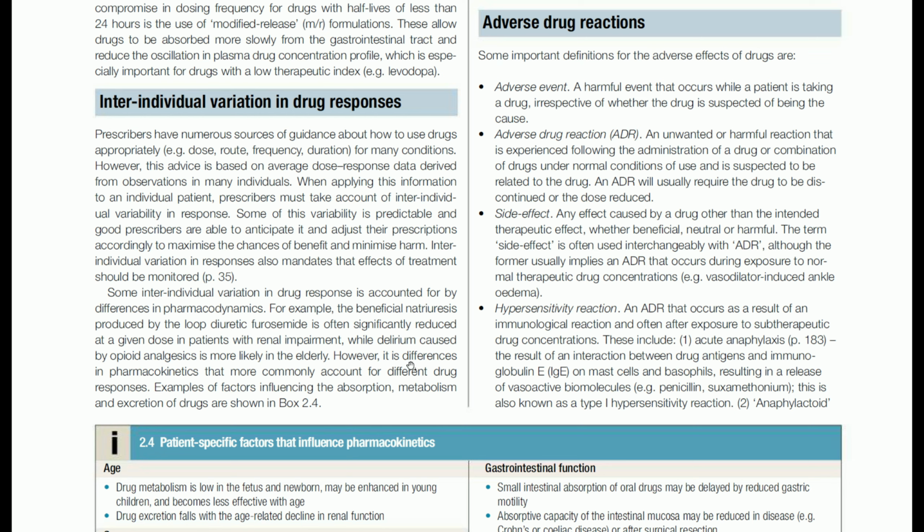However, it is differences in pharmacokinetics that more commonly account for different drug responses. Examples of factors influencing the absorption, metabolism, and excretion of drugs are shown in Box 2.4.